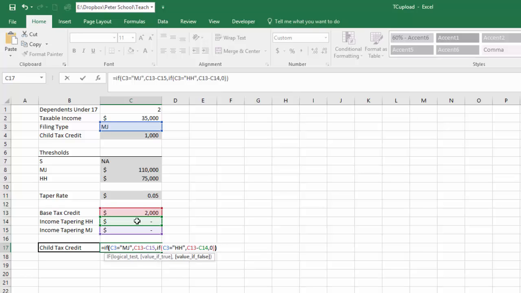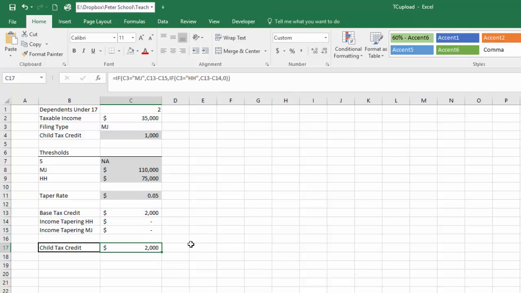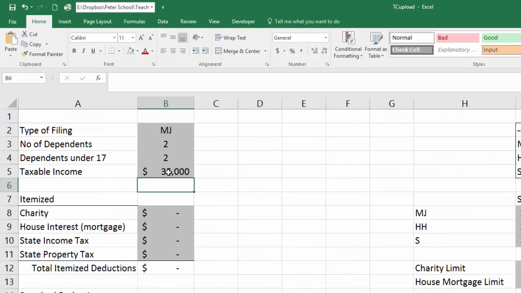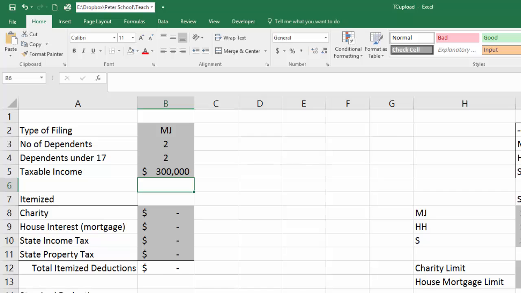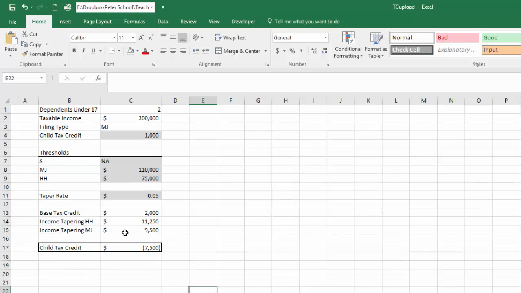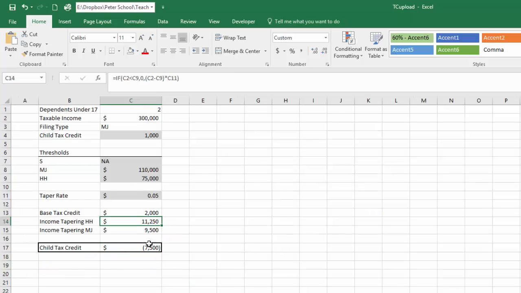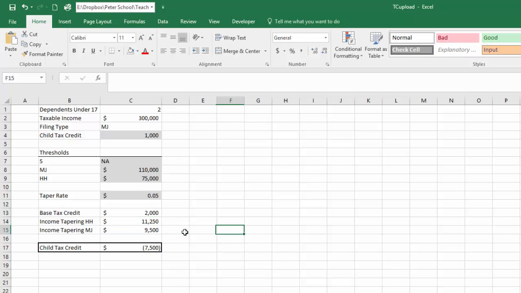Now there's one thing we have to do to make sure we end up getting the appropriate number. If I put $300,000 in here for our income and go to my child tax credit, the tapering is going to end up being too big.